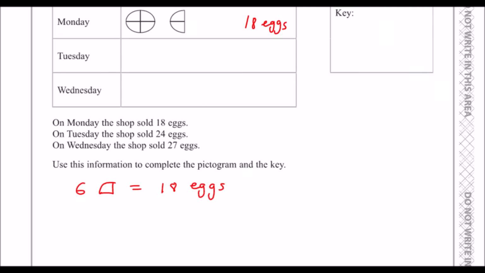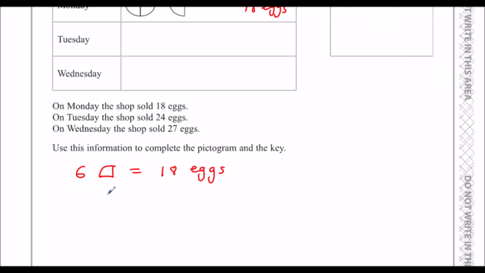So we could say that each 1/4 is 18 divided by 6, which is 3. So each one of these is 3 eggs, which means a half, 2/4, is going to be 2 of these, so 6 eggs.